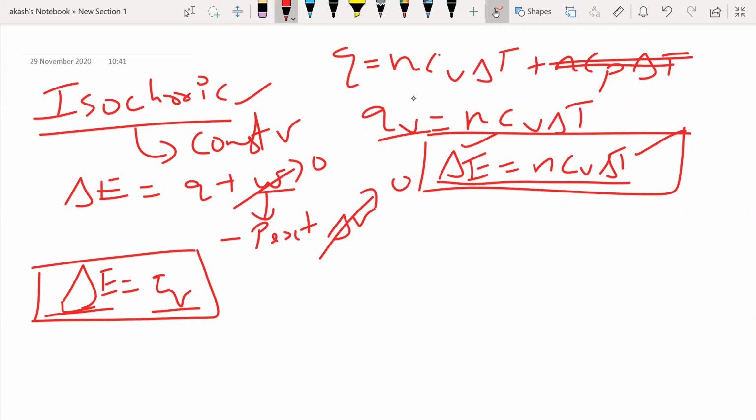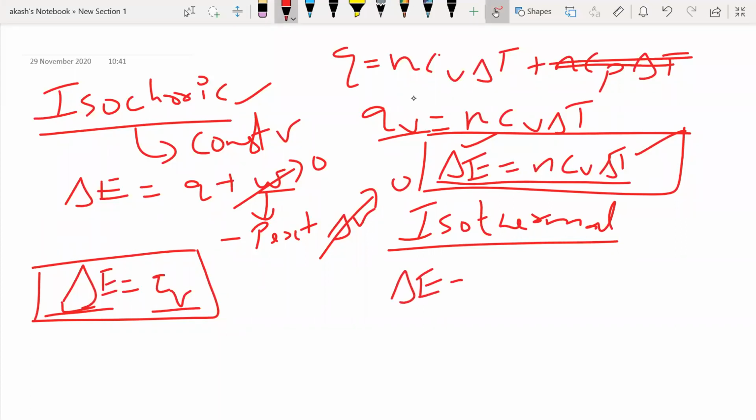We'll move on to an isothermal process. An isothermal process means the temperature is constant, right? So I have delta E is equal to Q plus W. This is the mathematical form of the first law.